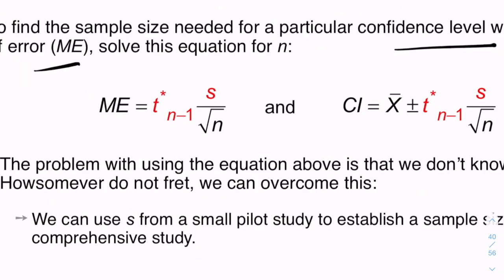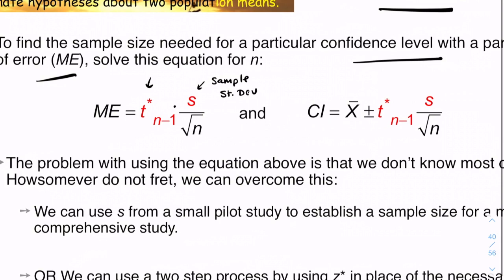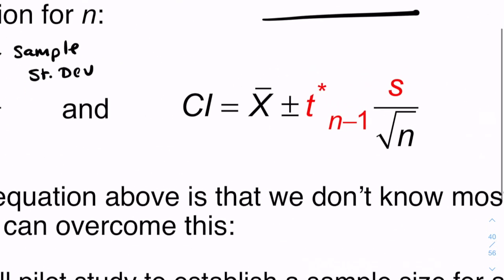Note that margin of error is our t critical value times our standard error, which is our sample standard deviation divided by the square root of n. And our confidence interval is given by our sample average plus or minus our critical value times our standard error.